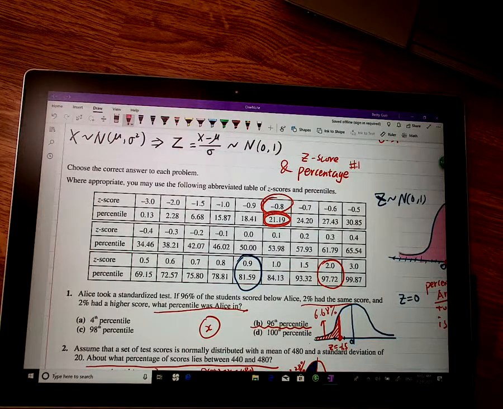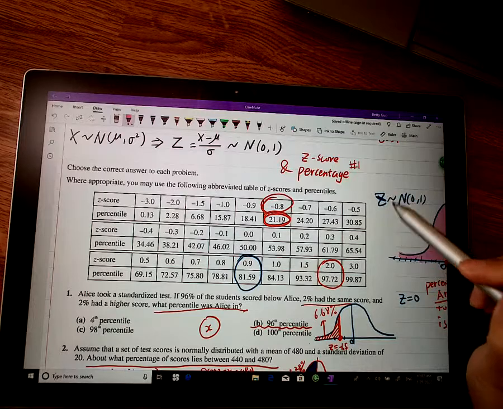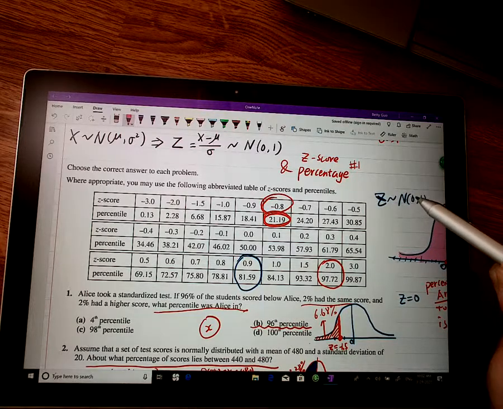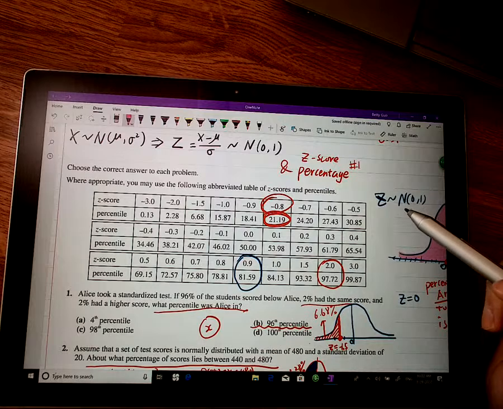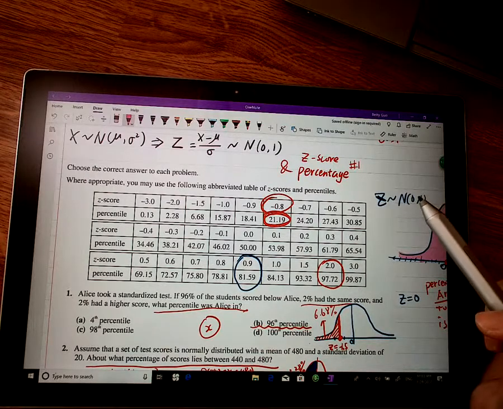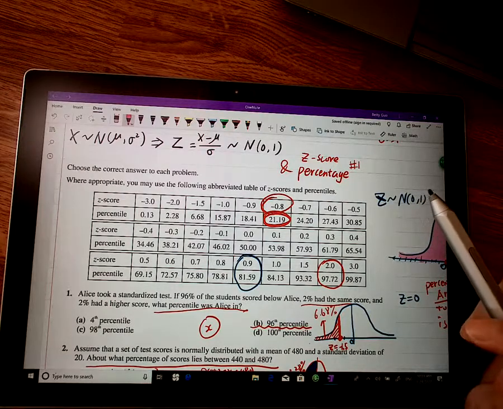First row, z-score. Z-score actually is the value of the variable z, which is standard normally distributed. Or you could just understand z-score as the z-score we covered from previous video when we talk about relative standing, measure of relative standing.